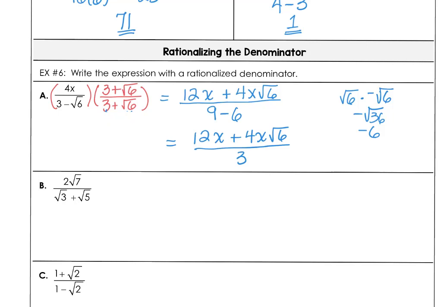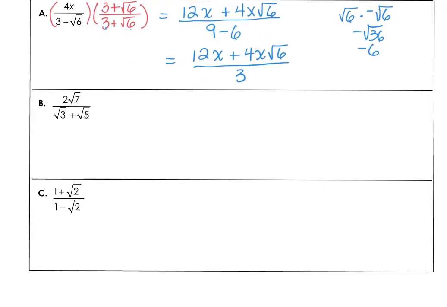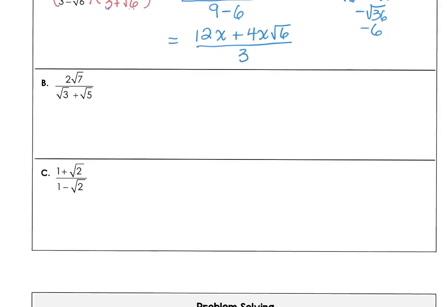In part B, our conjugate is going to be the opposite sign of the denominator. So I want my conjugate on the bottom to be radical 3 minus radical 5. And whatever I do to the bottom of the fraction, I want to do the same thing to the top of the fraction.